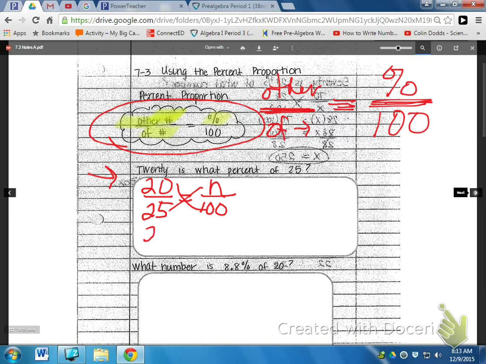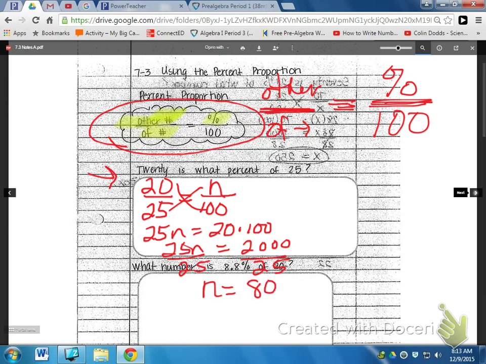So you would say 25 times n equals 20 times 100, which is 2,000. So 25n equals 2,000. Divide by 25, and n would be 80.